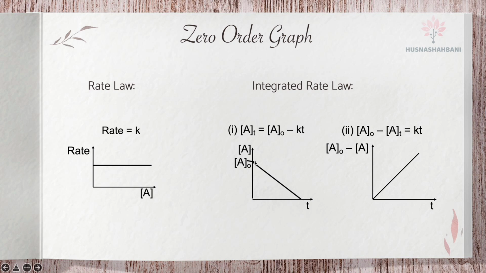This is the initial concentration, and then the concentration of A decreases over time. For the second arrangement, initial concentration minus concentration of A at a particular time equals kt. This is a graph of the initial concentration of reactant A minus the concentration of reactant A at a particular time against t on the x-axis. So it will increase.